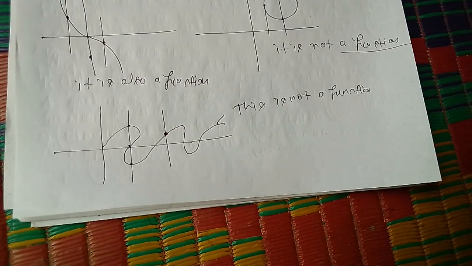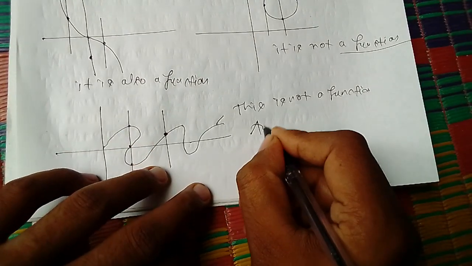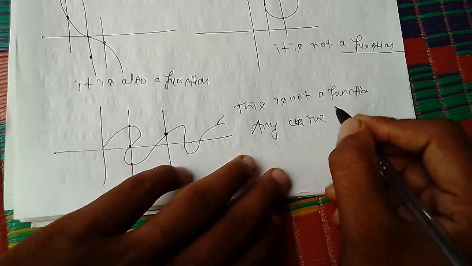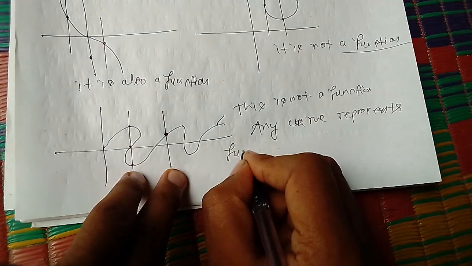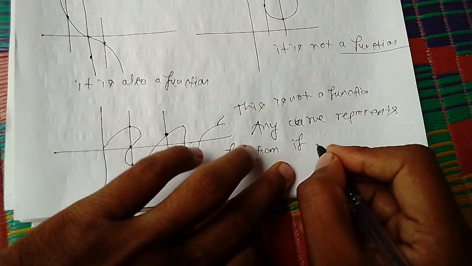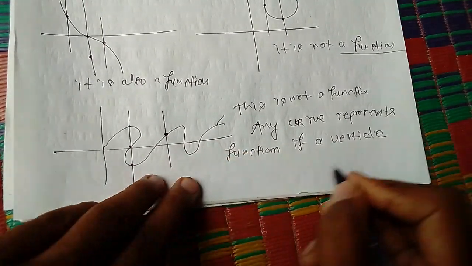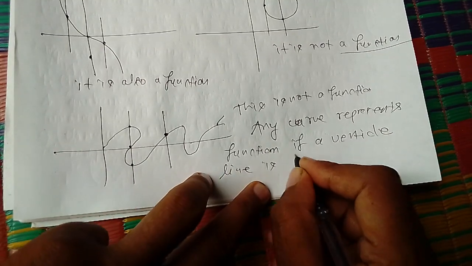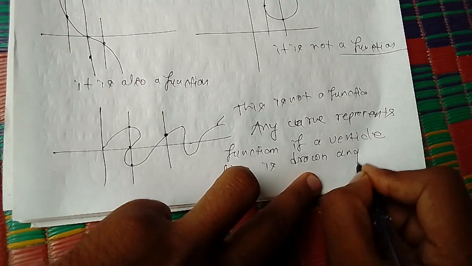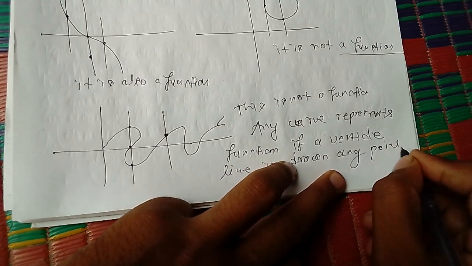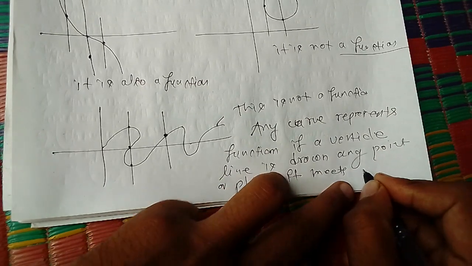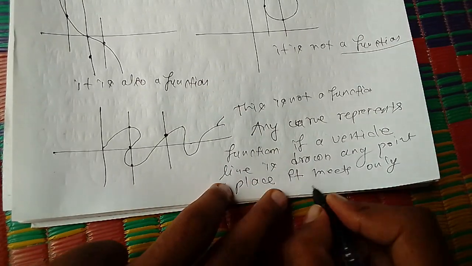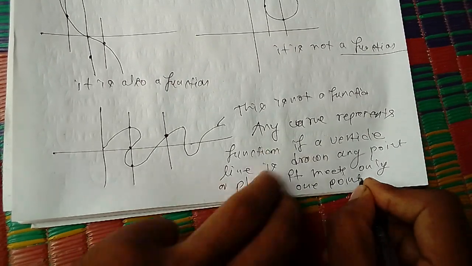So what is the vertical line test? A curve can represent a function if a vertical line drawn at any point or place meets the curve at only one point.